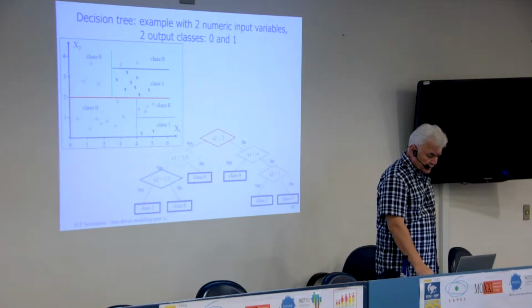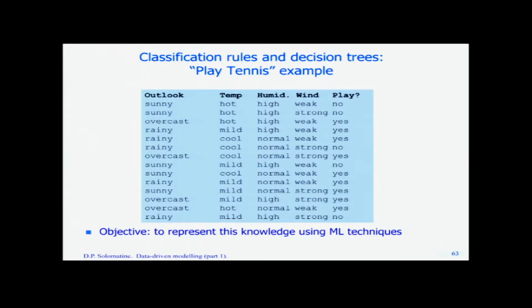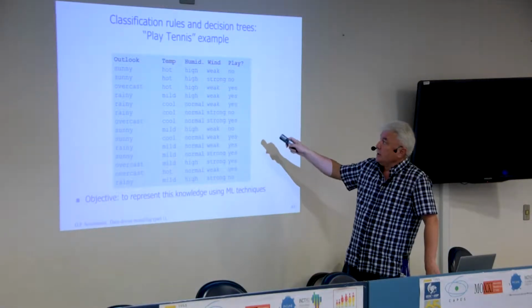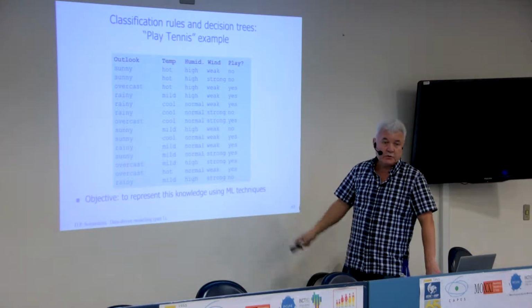It's called the playing tennis example. Here we observe a person going to play tennis. There were 4 attributes taken into account: outlook for the weather, sunny, overcast, or rainy; temperature, hot, mild; humidity, high, normal; wind, weak, strong; and the output was to play or not to play tennis.